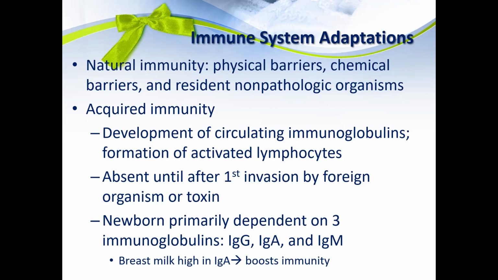All right, we talked about natural immunity and the barriers, the chemical barriers, the pathological organisms. In acquired immunity, you're going to develop these immunoglobulins. Again, they're absent until the first time that there's an invasion.